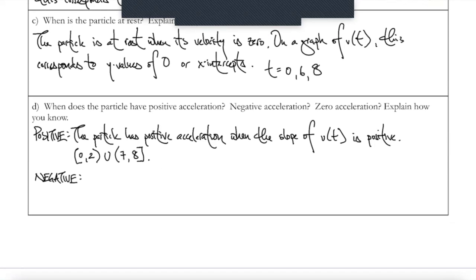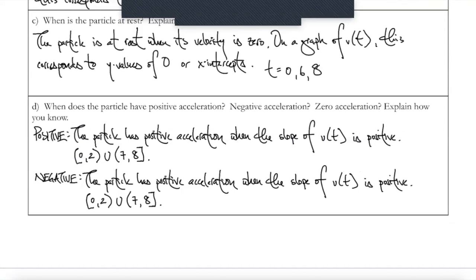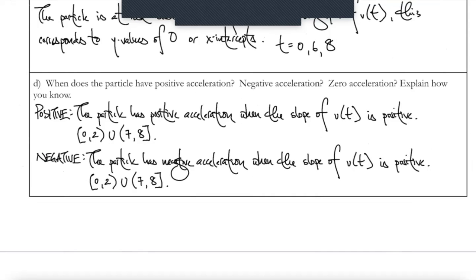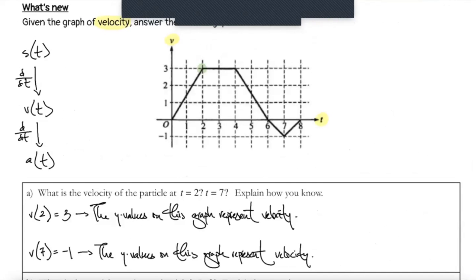All right, let's grab our sentence frame from the positive one. Let's go ahead and modify it for the negative one. So a particle has negative acceleration when the slope of the velocity is negative. So let's go back up to our picture. Think about interval notation.